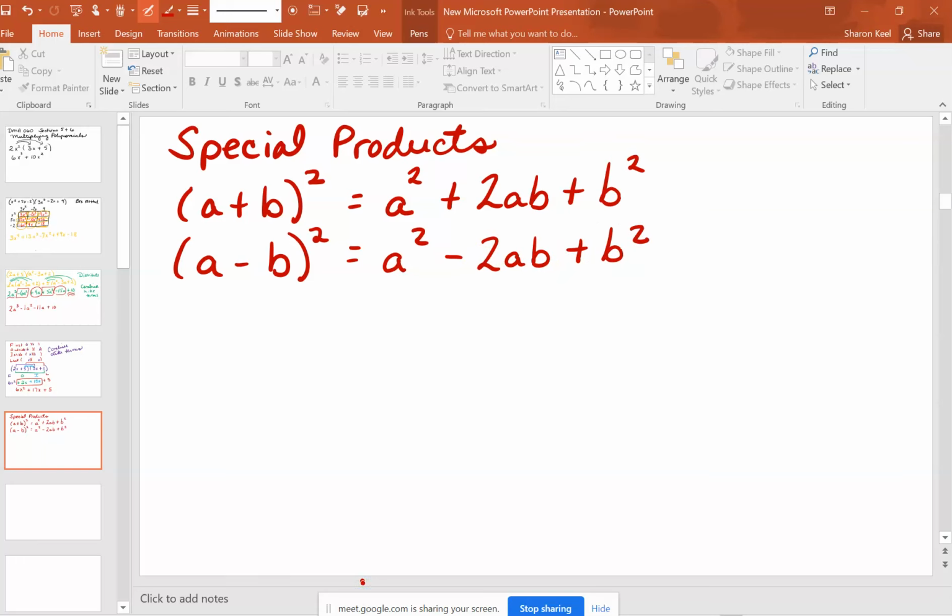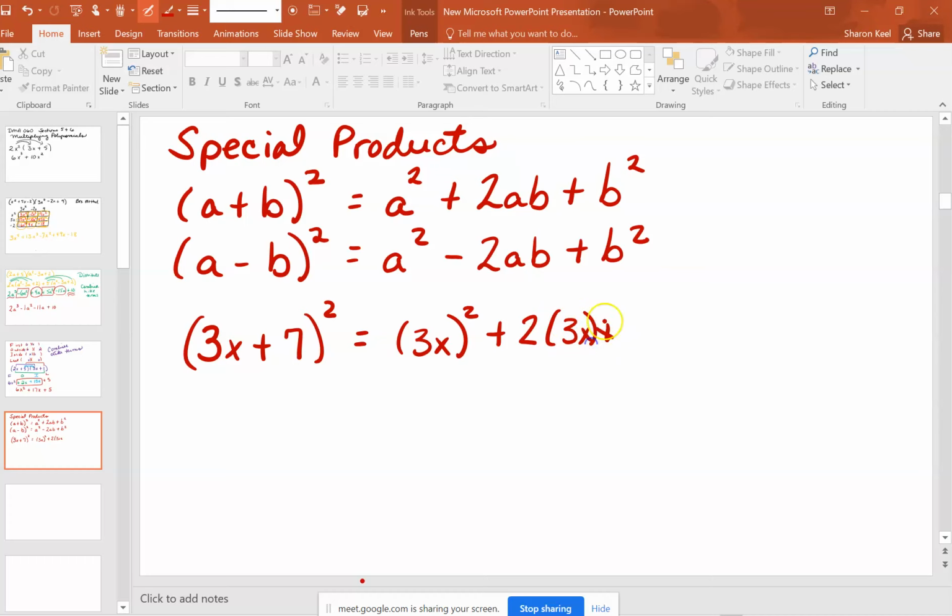So let's say, for example, we have 3x plus 7 squared. This is my a, this is my b. So for this, a squared means we would have (3x) squared plus 2 times 3x times 7, and then at the end the 7 would be squared.